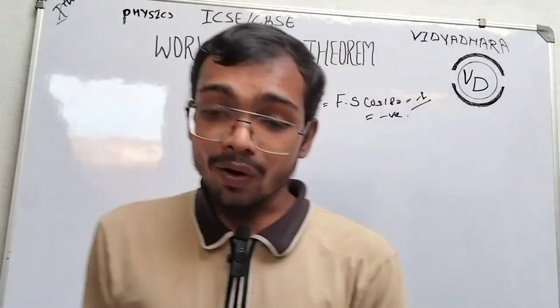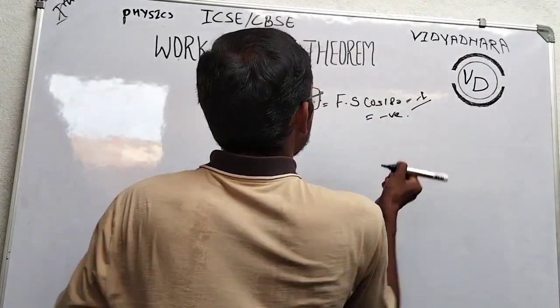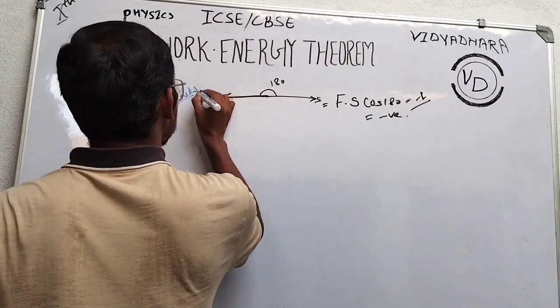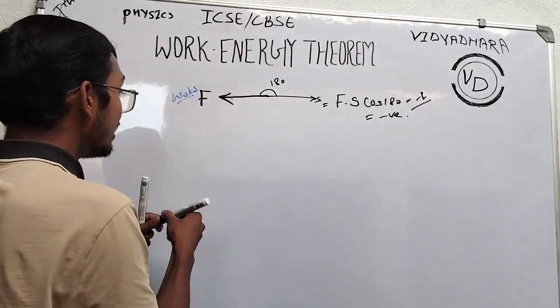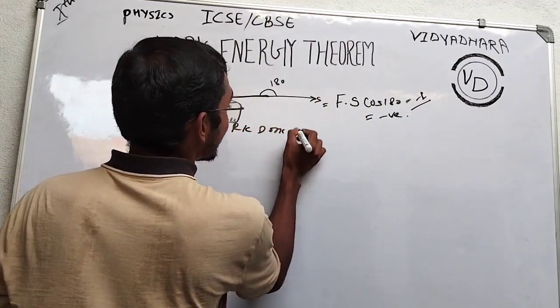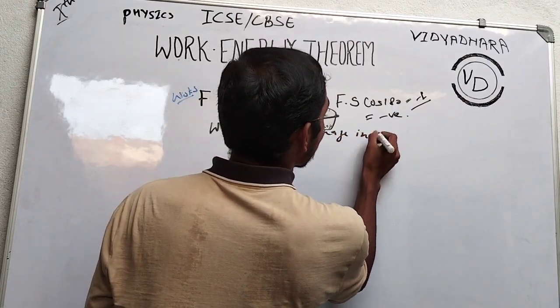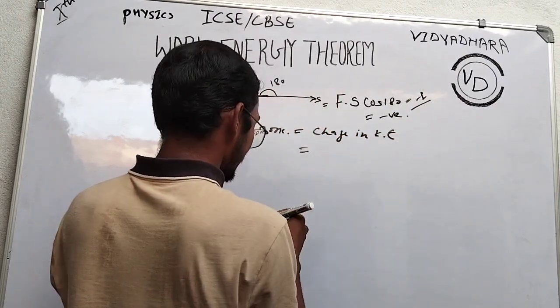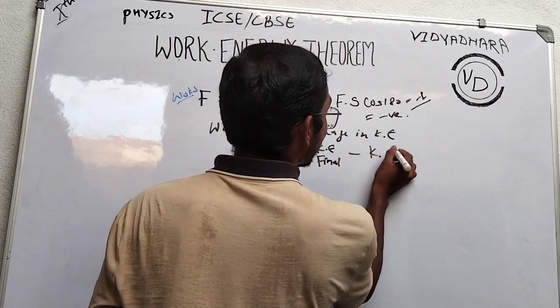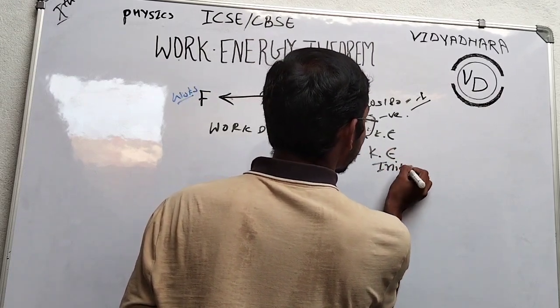Work done by the work energy theorem is the change in kinetic energy, so kinetic energy final minus kinetic energy initial.